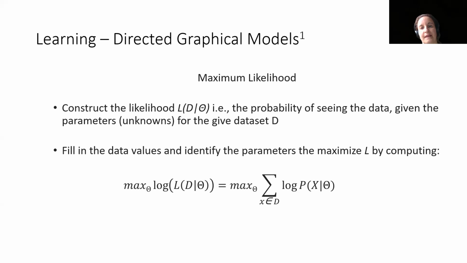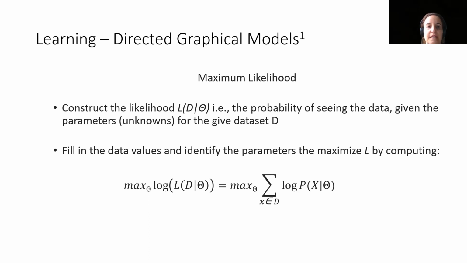Now, this creates a complexity. So we'll start first with graphical models where we don't have latent variables. All the variables can be observed, we can measure them. For these, the solution to the parameter estimation, the training, the learning is usually maximum likelihood. It comes from the field of statistics.